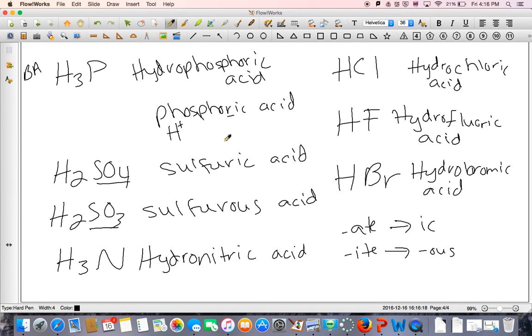The phosphoric was phosphate, so PO4, it's a 3 negative. It takes 3 hydrogen with 1 PO4. That, I would tell you, is probably the biggest mistake I'll see kids make, they forget that the sulfuric had to begin with a hydrogen. The ic was ate, so SO4, 2 negative. Then you put them together, H2SO4. These are your naming acids.